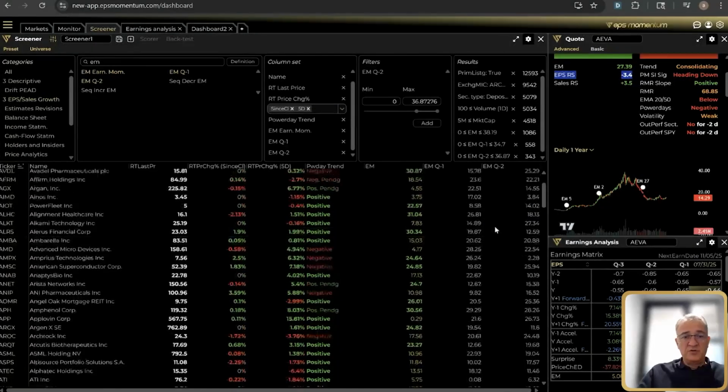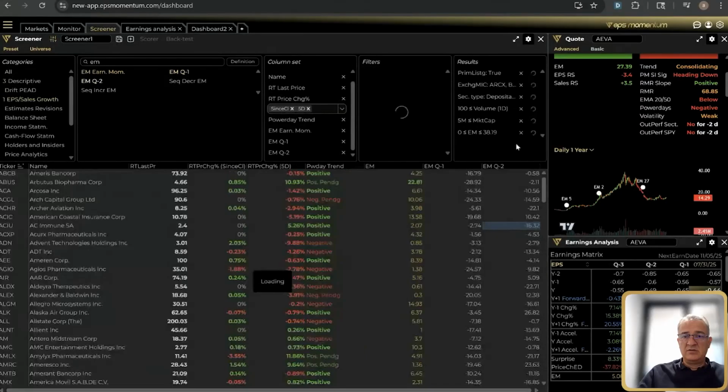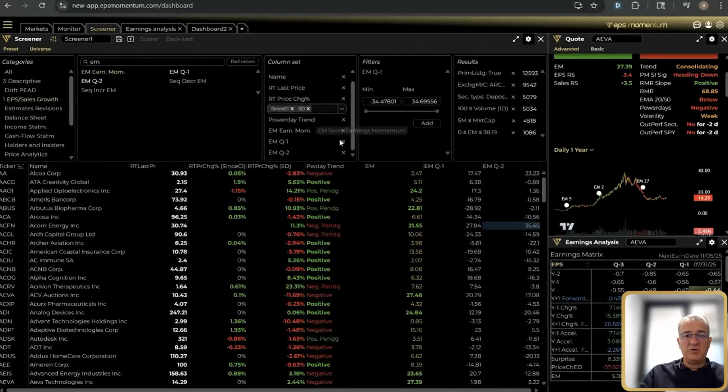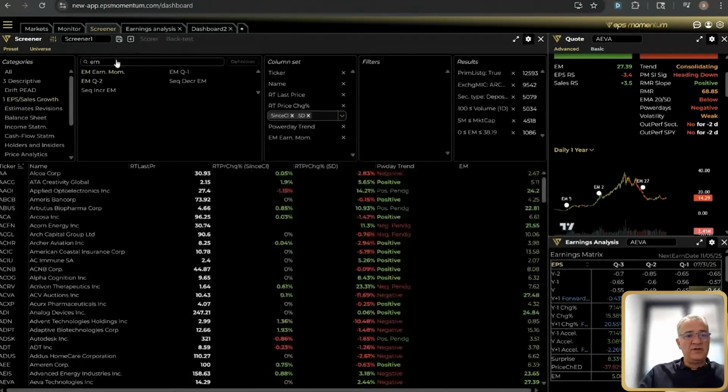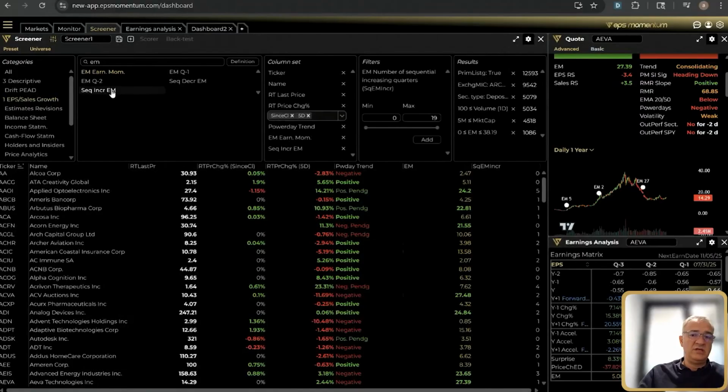So that's one of the things you can do: filter by Q-1 or Q-2. I can remove those filters if I want by just clicking on the X here. So I click here and here, and I just keep the EM greater than 0. The other thing you can do is choose sequential increase in EM or sequential decrease. For sequential increase, I want the EM to be increasing for at least 2 quarters, right?